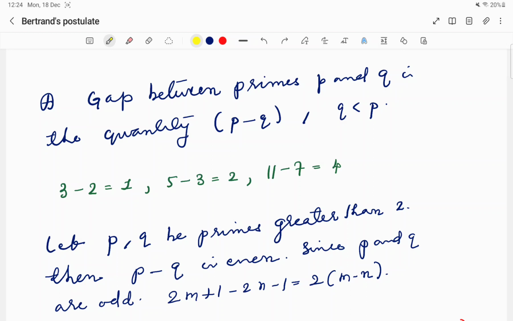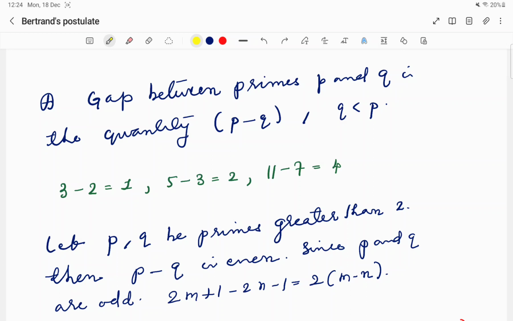So we are now talking about the gaps. That means if you have a prime, then how much do we want to travel to get another prime, right? So that's what we call a prime gap.